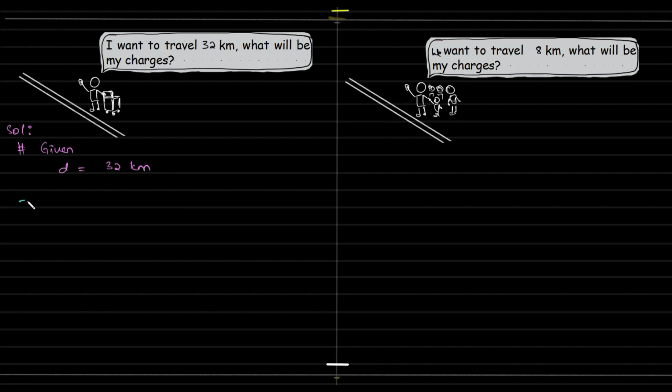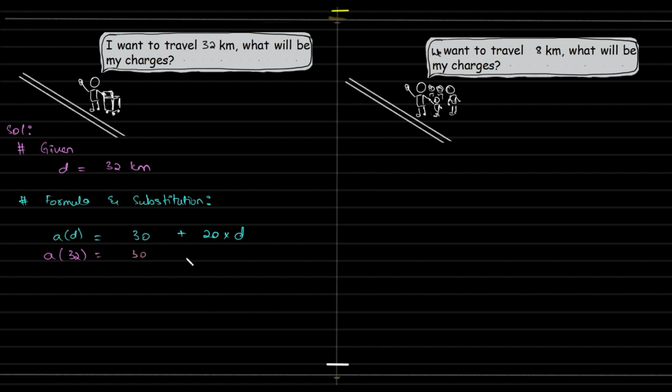Next is formula and substitution. So the formula for this particular scenario is E of d is equal to 30 plus 20 into d. So in place of d, I'm replacing with 32.